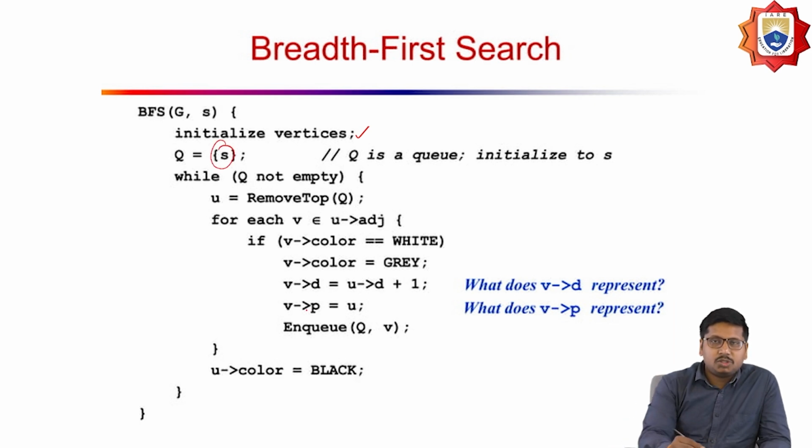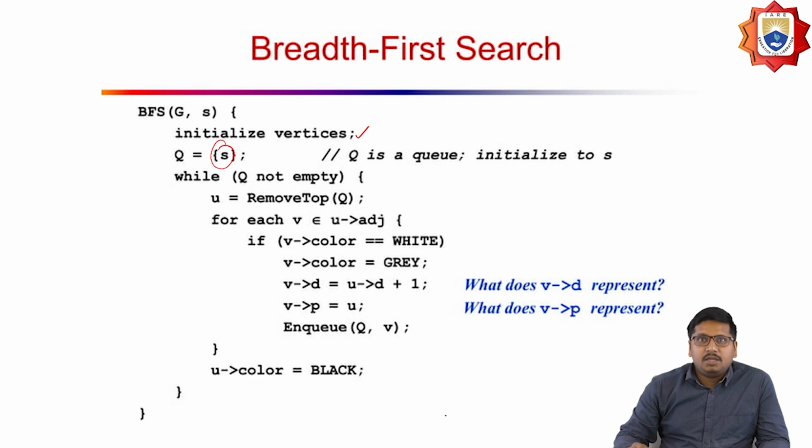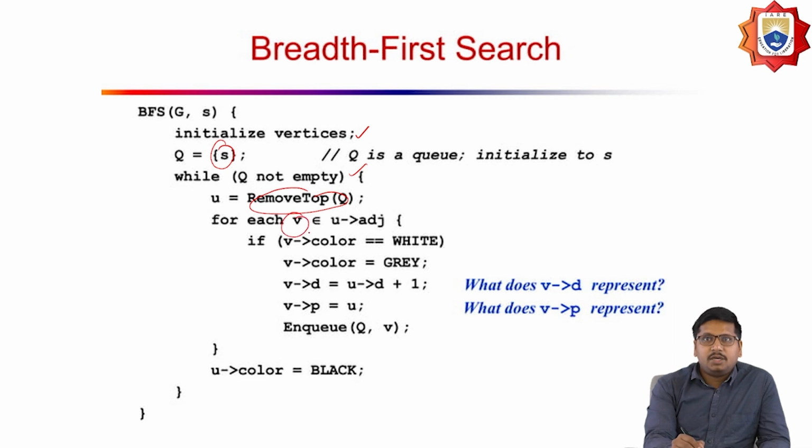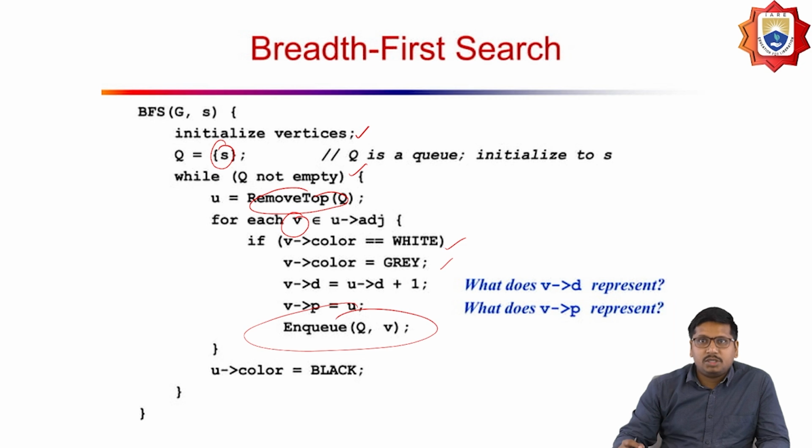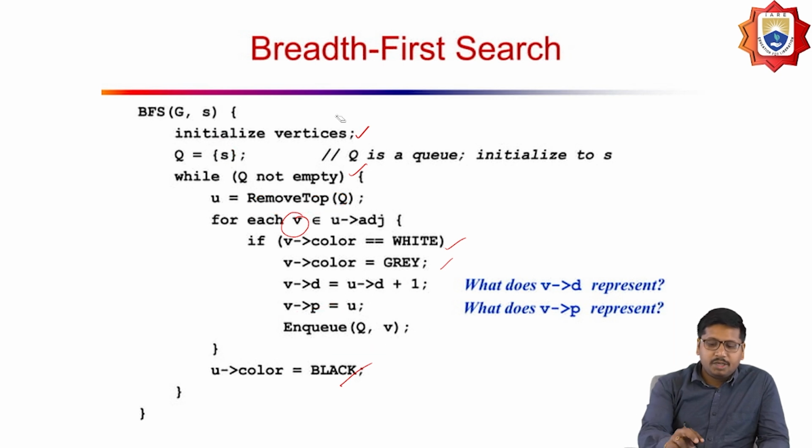Store the starting vertex, and then while the queue is not empty, remove the top element of the queue, and for each element that belongs to the adjacency of it, check what color it is, whether white, gray, or black. If it is white, enqueue it using the enqueue operation into that queue. Then make the color black. So this is the algorithm for BFS.